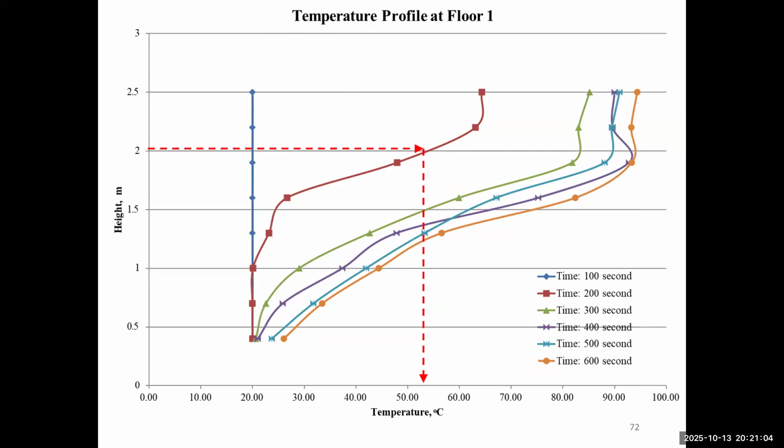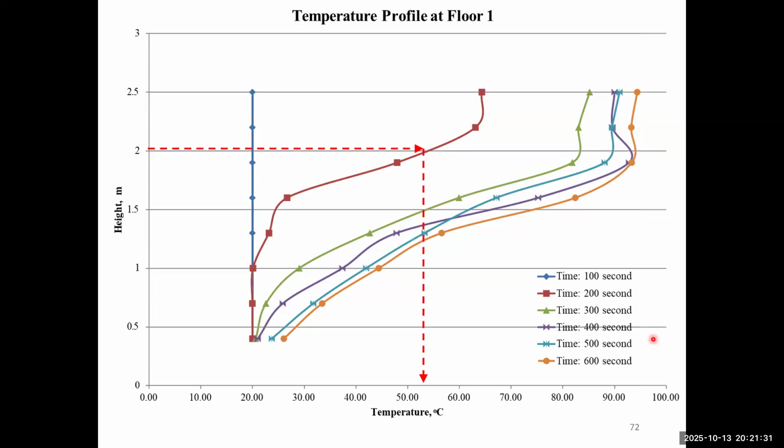But this is just the start of the hot smoke layer forming at the ceiling. Now we watch what happens over time. Each new line, the red one, the green line, the purple line, and the orange line, shows the temperature difference with height, with the time variations.